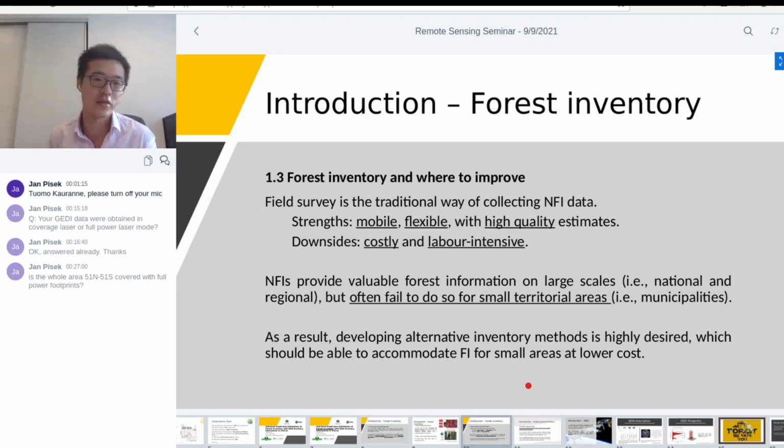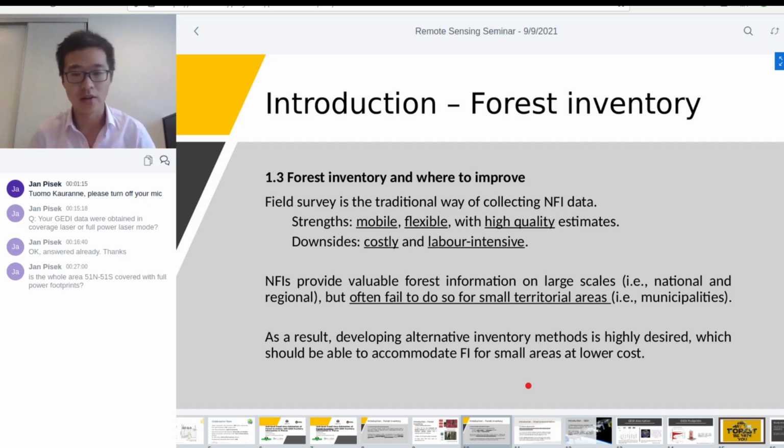On one hand, it's very flexible and mobile because you can go anywhere you want, and it also produces high quality estimates because individual trees in a stand can be mapped properly. But it also has the downside of being costly, and you have to send out people. So sometimes, especially in a very far away place, it gets more difficult to access.